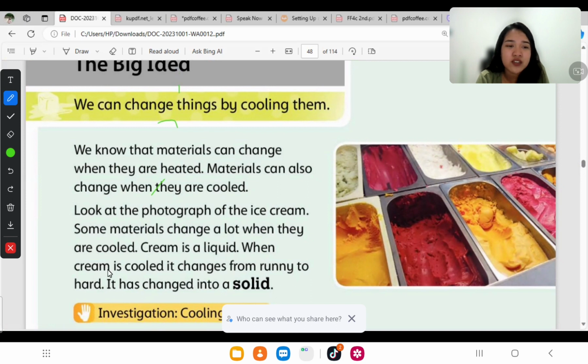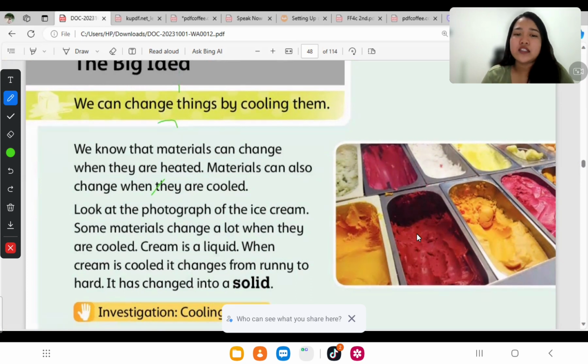When ice cream is cooled, it changes from runny liquid to solid. So it means our ice cream came from a liquid, but when we cool it to a low temperature, it can change into a solid, just like in the picture.